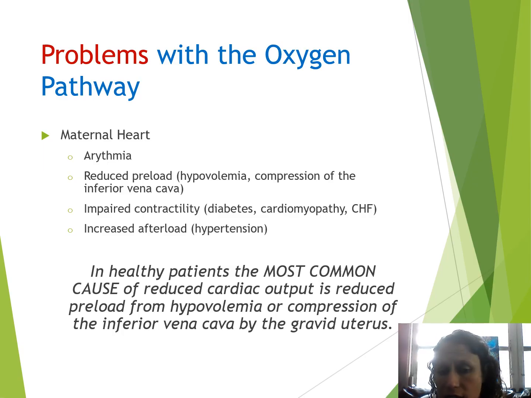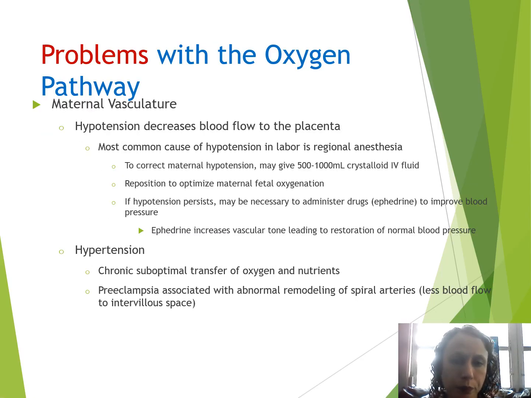If she's got impaired contractility, so if she's got diabetes, cardiomyopathy, CHF, anything along those lines. And then if she has increased afterload, so our hypertensive patients also are going to have a problem with their maternal heart, that's going to cause a problem along our maternal oxygen pathway.